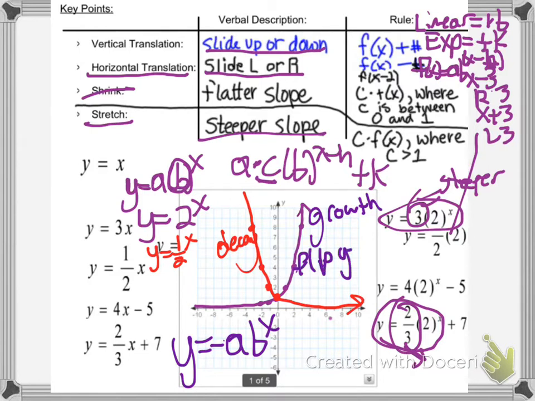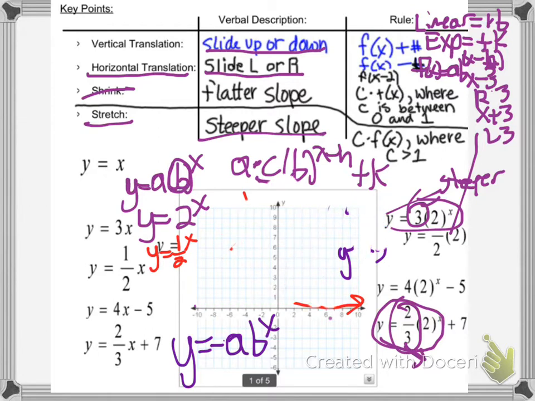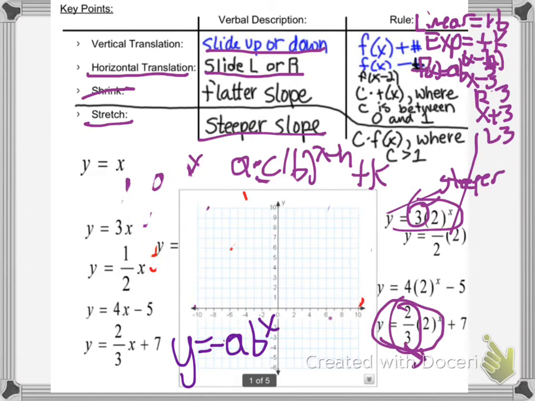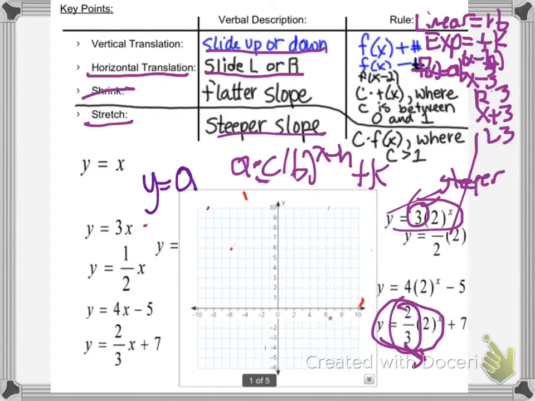So for example, if I made a a negative, negative a, b to the x, so for example, y equals negative 2 to the x.